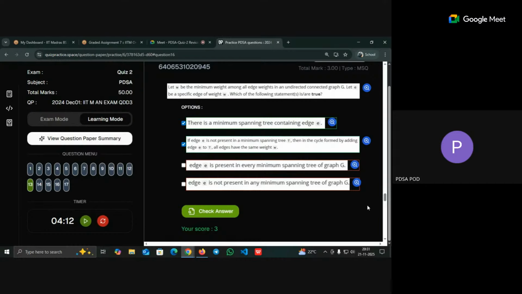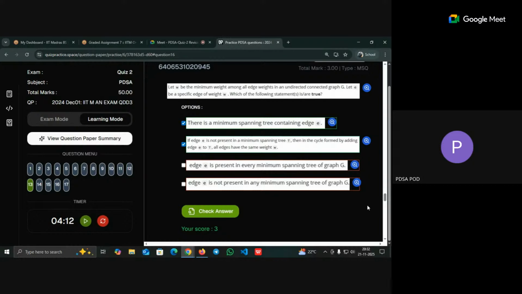Let's say W equals 2, so there are two edges in the graph with a weight of 2. One of them will be in one tree and the other will be in another tree. That is possible, that is allowed.